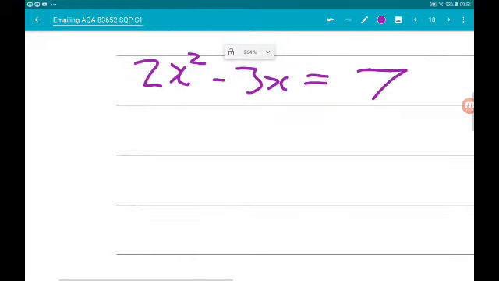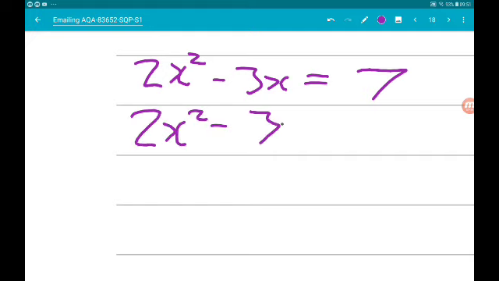So at this point, it's now a quadratic equation. To solve these, we need everything on the same side and a 0 on the other. So let's take away the 7. So 2x squared minus 3x minus 7 is equal to 0.